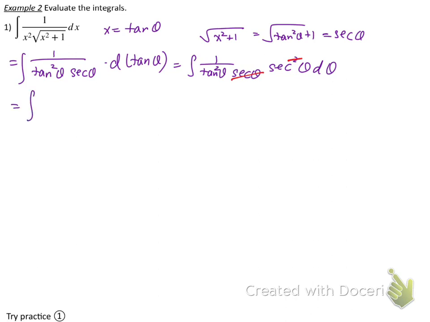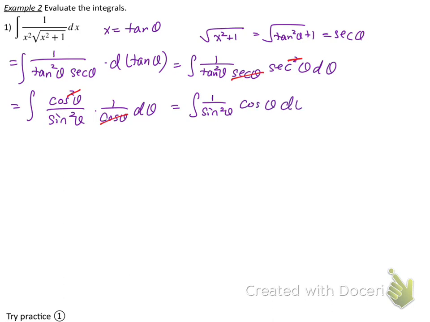We'll see them clearer. Tangent is sine over cosine, so its reciprocal will be cosine over sine. Square tangent means square both, times secant is 1 over cosine. So we are really having the integral of 1 over sine squared theta cosine theta d theta.